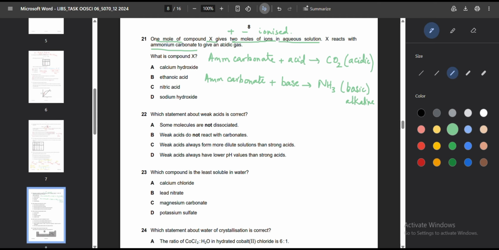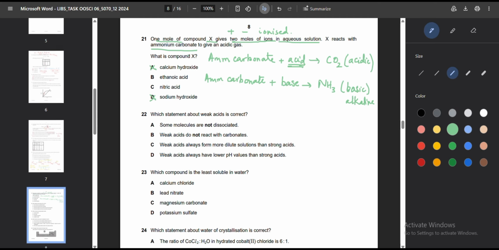And X reacts with ammonium carbonate to give an acidic gas. So for acidic gas we need an acid. Ammonium carbonate must react with an acid. Calcium hydroxide and sodium hydroxide are alkaline in nature, so we will just select from ethanoic acid and nitric acid.